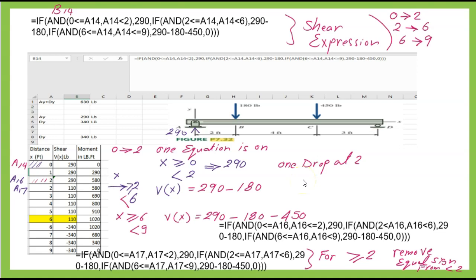To create the step at x equal to 2, we consider the term as smaller than or equal to 2.